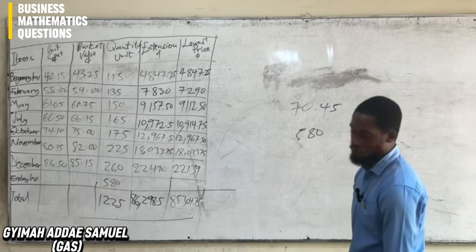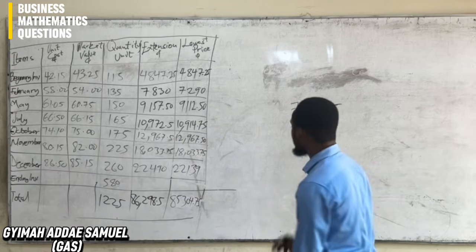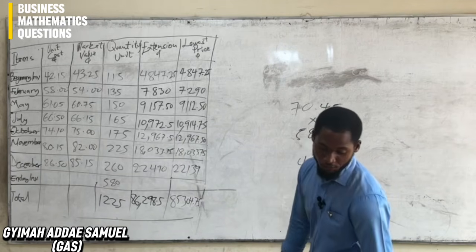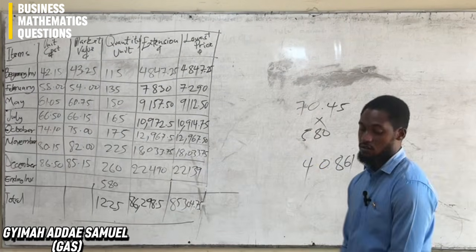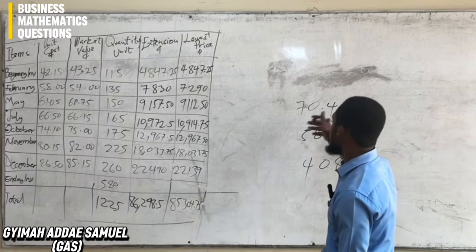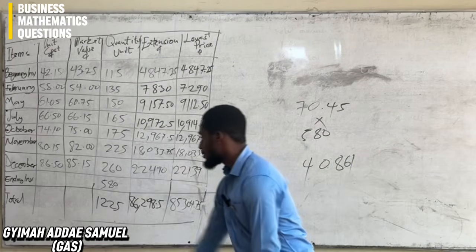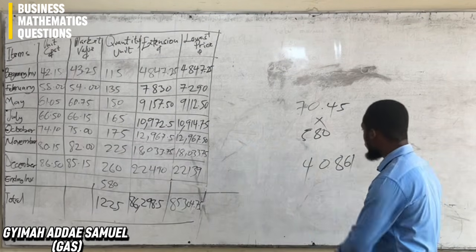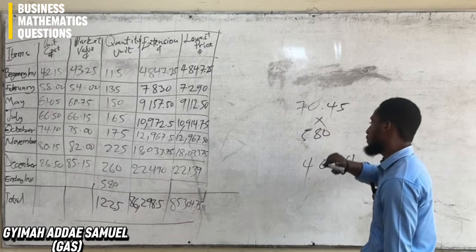When you multiply these two, you are getting 40,000. So with question 14, we multiply the average cost by the ending inventory. We have our ending inventory stated in the table, and the average cost was the amount we had for question 11.